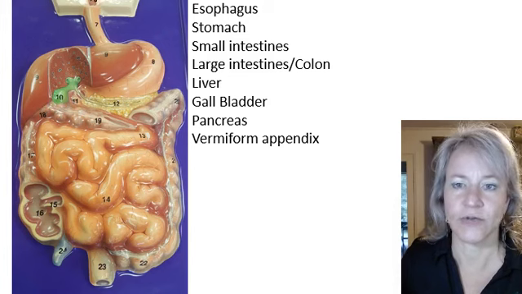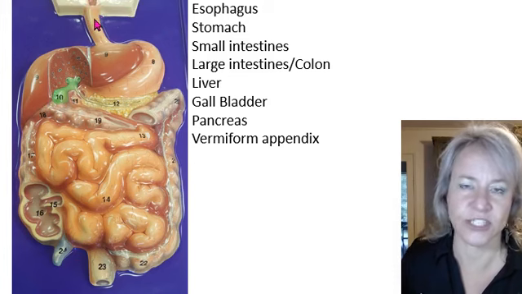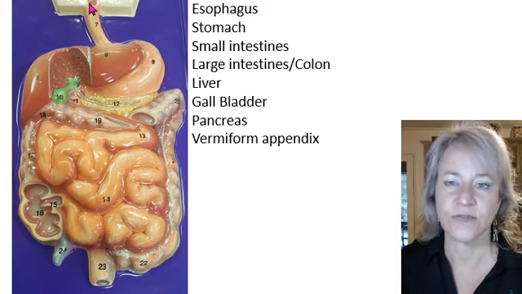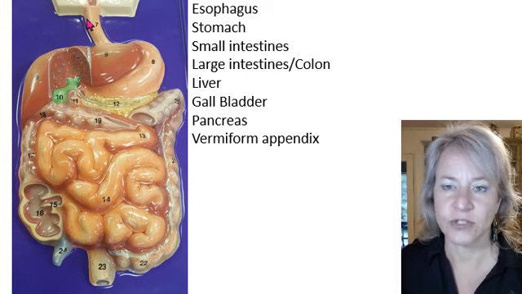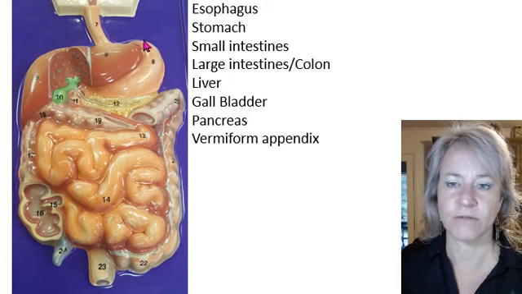Okay, so moving down the alimentary canal, you have the esophagus that is 12 inches and it takes the food down to the stomach. So right here, number 8 is your stomach. From there, it's going to move from the stomach to the small intestines.